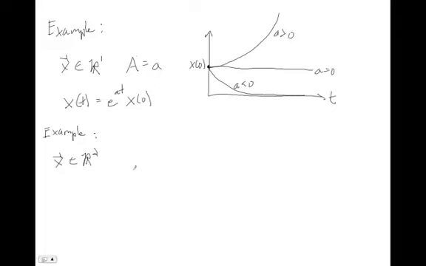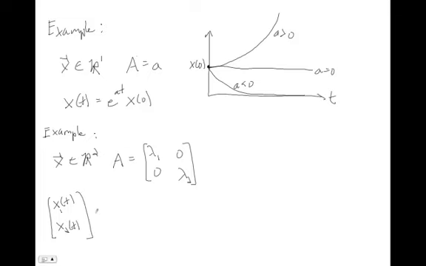So now we have a 2 by 1 vector x, and let's consider the case where our A is a diagonal matrix. And let's say it has two distinct eigenvalues, lambda 1 and lambda 2. So if we look at our solution for this equation, it looks like x1 of t and x2 of t.